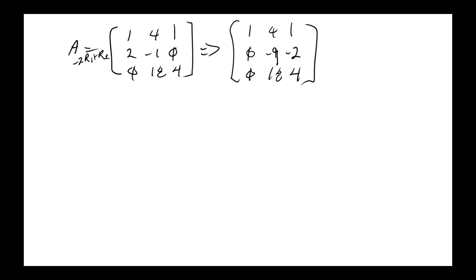Then you go back to theorem 3.4, because one row or column, this is a row, is a multiple of the other. Done. 0. Took 1 step. I'll take it.